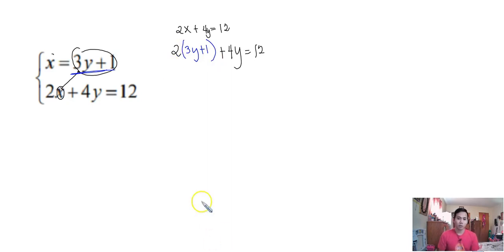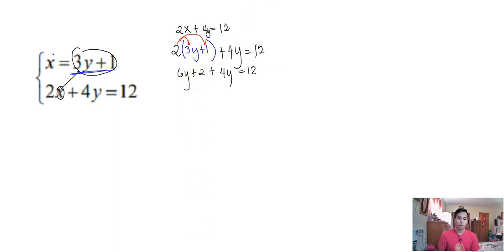I'll be using the distributive property in this case. So I'm going to distribute 2 times 3y and then 2 times 1. That will give me 6y plus 2 plus 4y is equal to 12. Then I'm going to combine like terms, and after that I'm going to isolate my variable y.